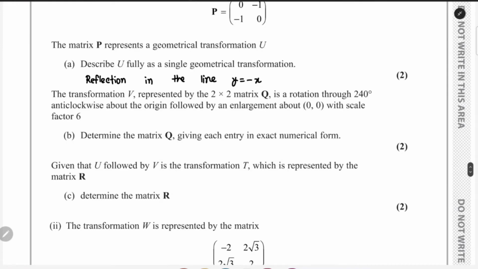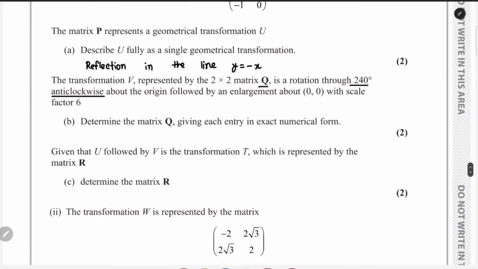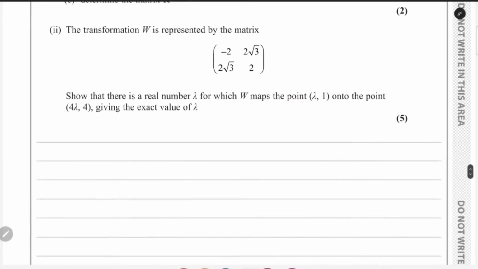Now we are given transformation V, which is represented by the matrix Q, which is a rotation of 240 degrees anti-clockwise about the origin, followed by enlargement with scale factor 6. We have to determine this.